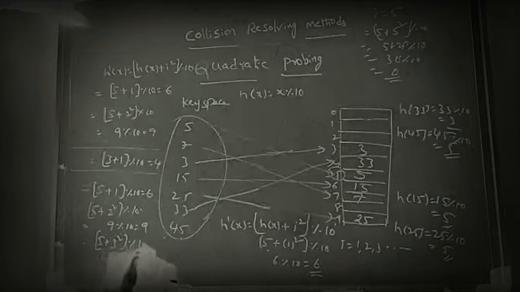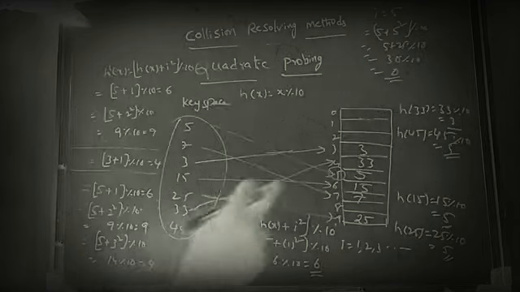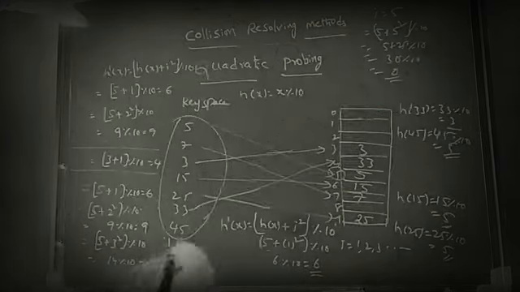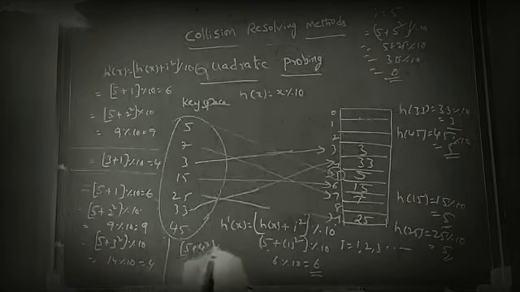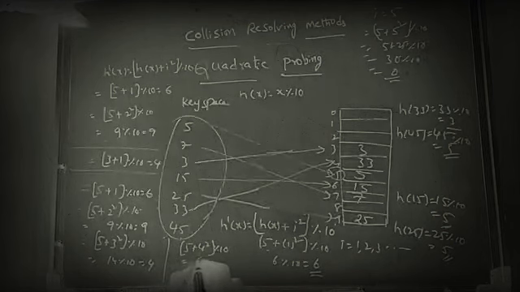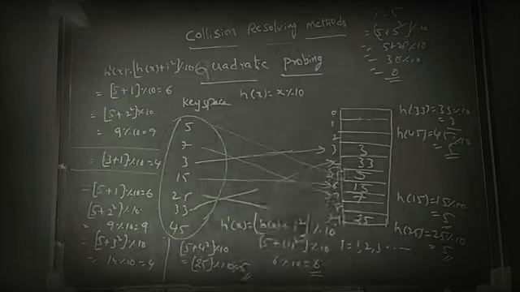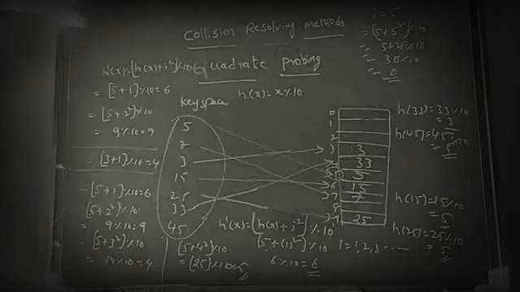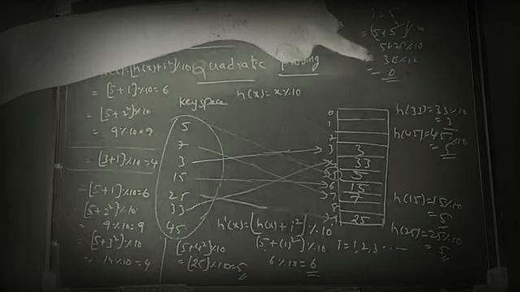So 5 plus 9 is 14, mod 10 is 4, which already has the element 33, so again a collision arises. Next i is 4, 4 square is 16, plus 5 is 21, mod 10, remainder is 1. No wait, continuing: again the fifth position has an element, again a collision occurs. Next, take i value 5: 5 plus 25 is 30, modulo 10, remainder is 0.